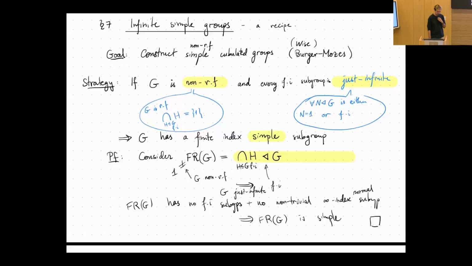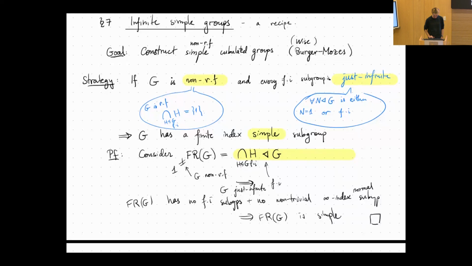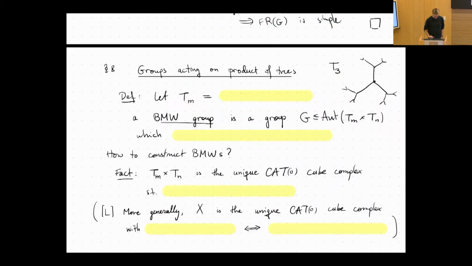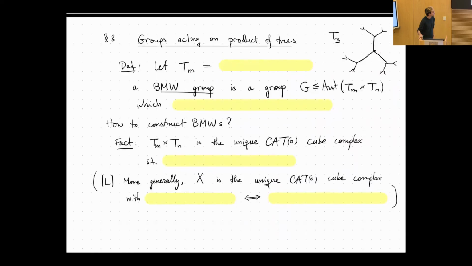Because of what we heard from Danny about special cube complexes. And yeah, and the just infinite part, I'm going to use a lot of black boxes. I'm not going to prove everything in this lecture, but just tell you a story about how to construct such things. Okay, so let's get into the business.